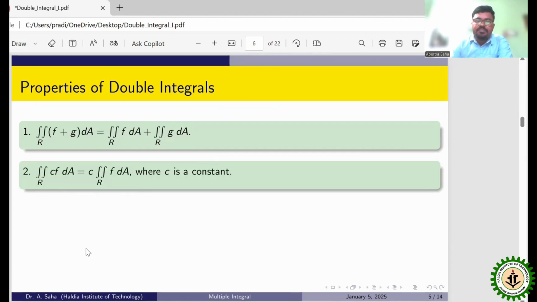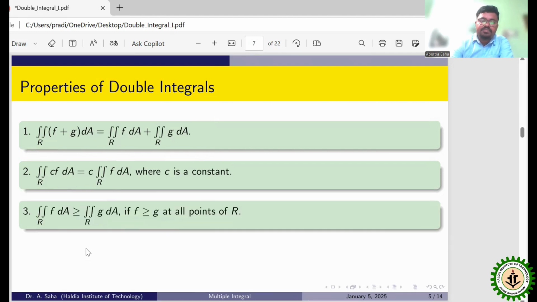Next, if c is a constant, then the double integration over the region R of cf dA equals c times double integration over R of f dA. Next, if f is greater than or equal to g at all points of the region R, then double integration over R of f dA is greater than or equal to double integration over R of g dA.